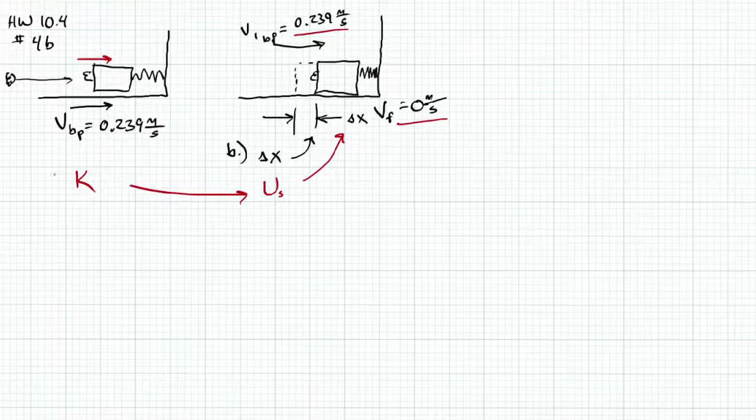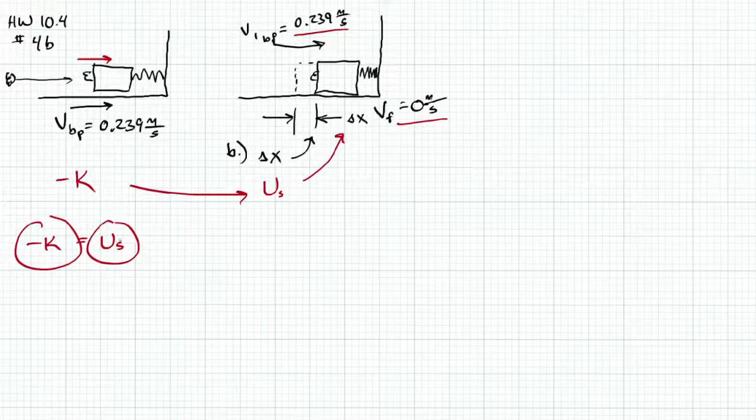So what we're saying is that this loss of kinetic energy is going to be equal to a gain in potential energy. And we're assuming that no other energy is lost. So really the kinetic energy that the block and putty system has is going to be turned entirely into potential energy. Well, let's write out what we need. You guys probably remember that kinetic energy is 1/2 times mass.